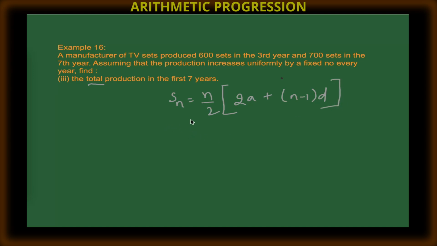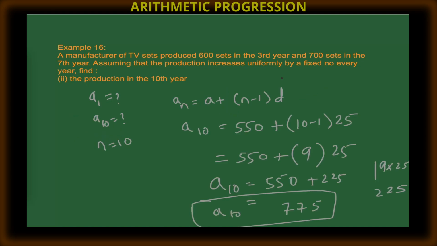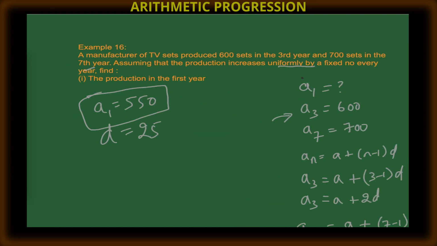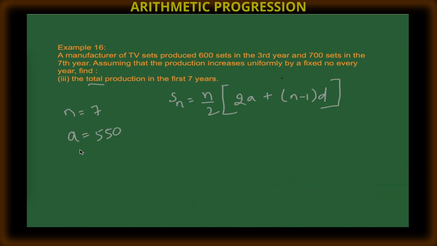In this, what do we know? Do we know n? Yes, n is equal to 7 here. Do we know A? A is equal to 550. We know D, which is 25. N we know, A we know, D we know. So let's try to solve this and we should be able to get the answer.